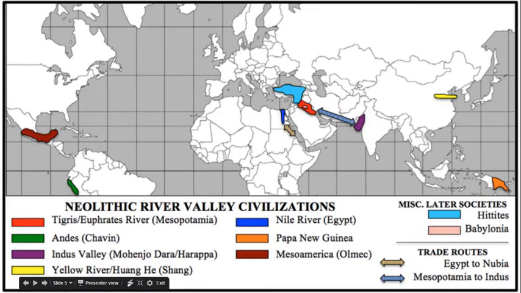Now, other regions, right, over time, also undergo this transformation of the Neolithic Revolution. So we have a similar process occur here in the Indus Valley of India, then the Huanghe River in China. Right, we also see it happening over here. This is Papua New Guinea, right? Australia would be like right down here, and Papua New Guinea is up here.